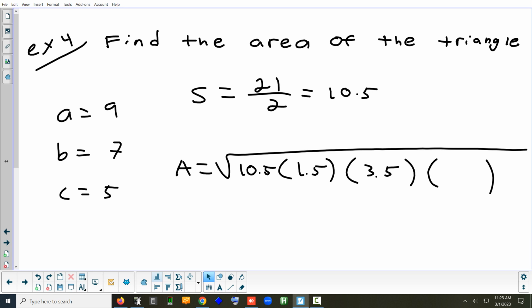How did you calculate that? It's S minus every side, one at a time.